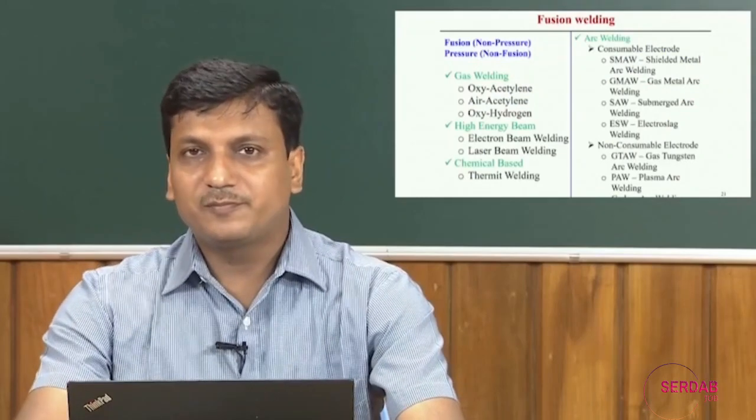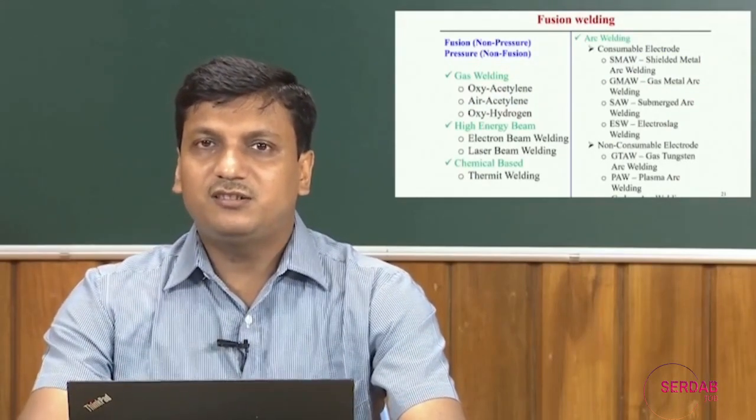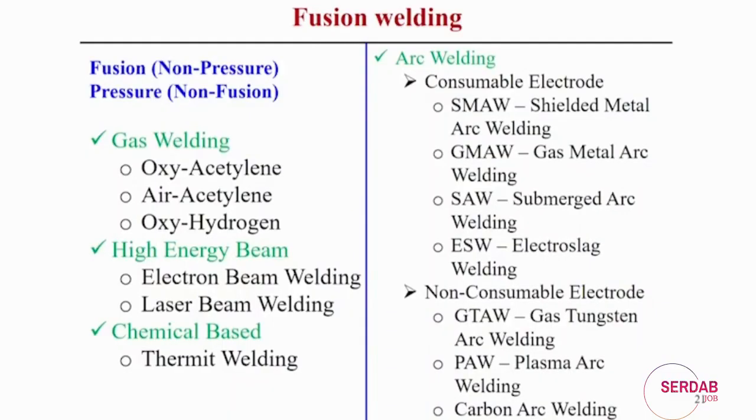Now, we will try to discuss some overall idea of the different fusion welding processes in general. We know that welding processes are broadly categorized into fusion welding processes, non-pressure, that means without the application of any pressure, and pressure welding, which is non-fusion, where there is no fusion of the substrate material.